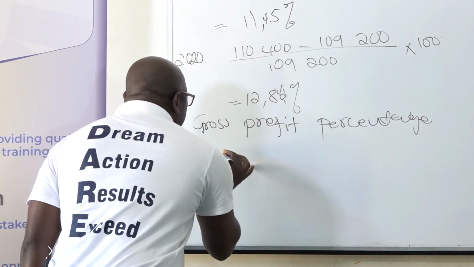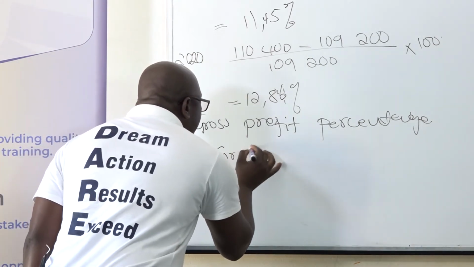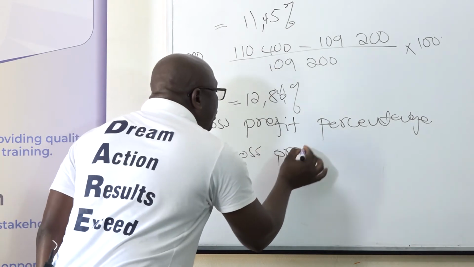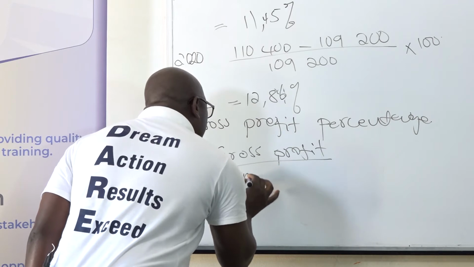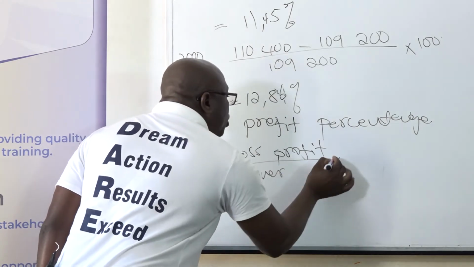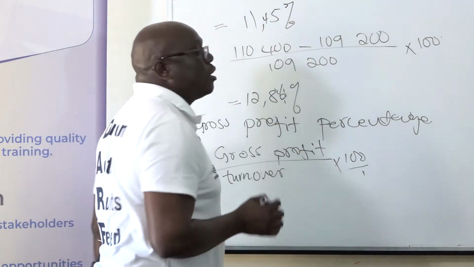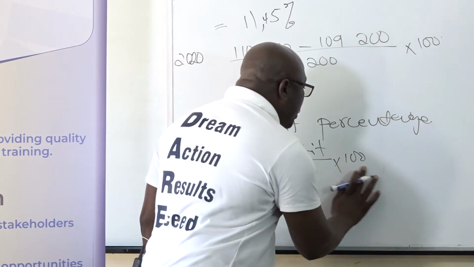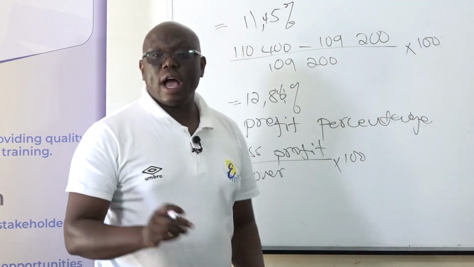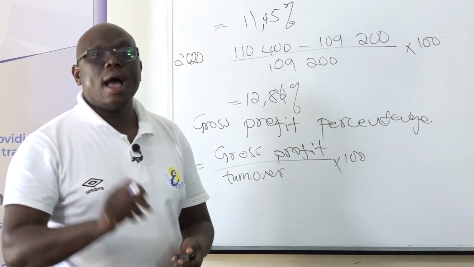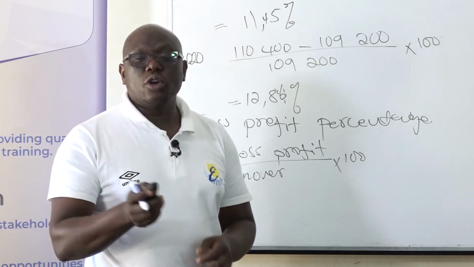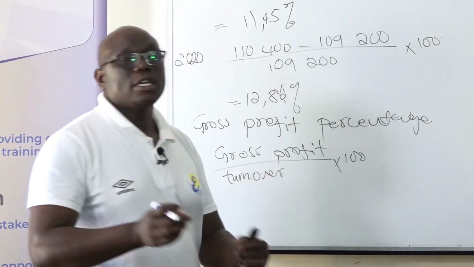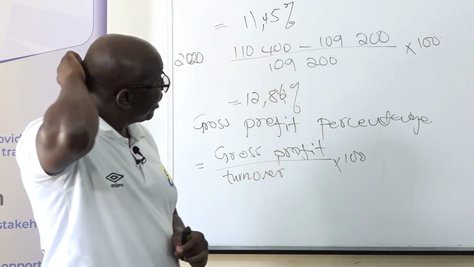So we'll say the gross profit divided by the turnover multiplied by 100. We are going to substitute using our income and expenditure, checking the performance of both years.